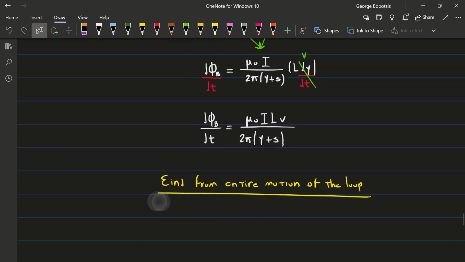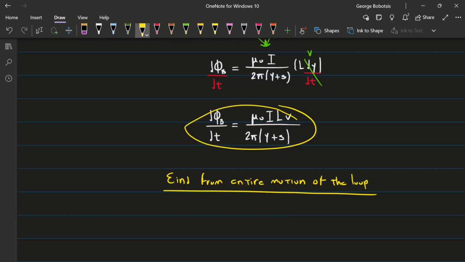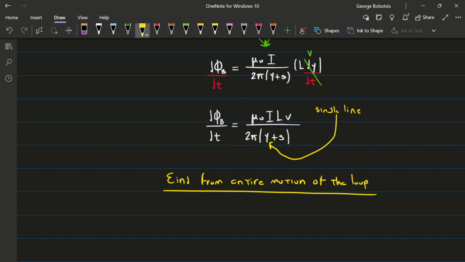Shouldn't I take the effect that I just found from the single line, and then if that single line was at position y over here, what would happen if we went over all the positions of y in the loop? Can you see what I'm going to do here?